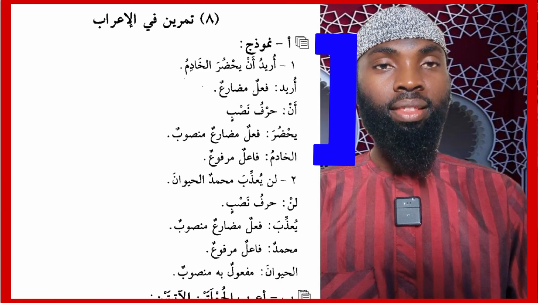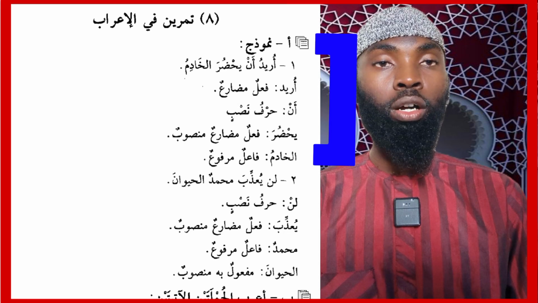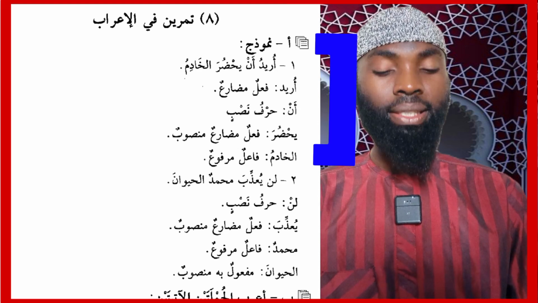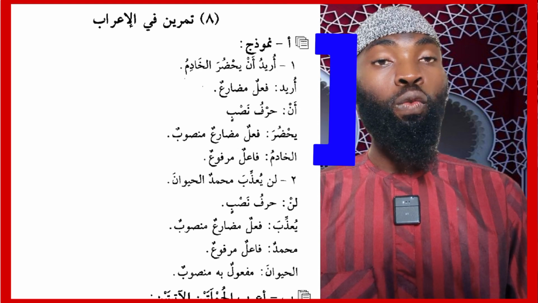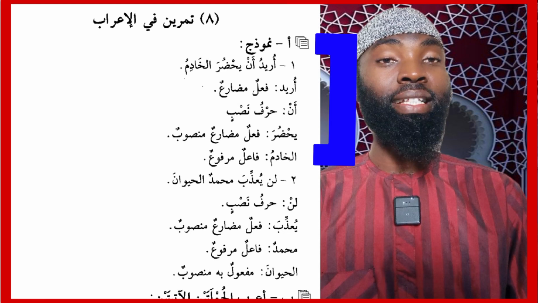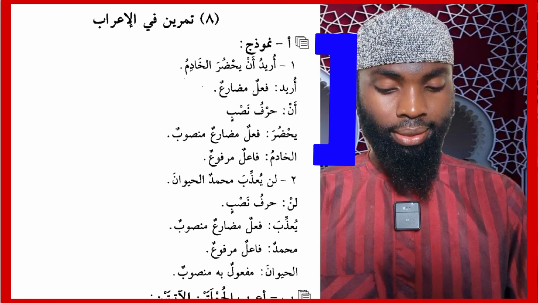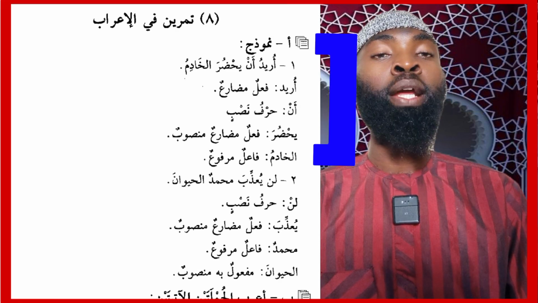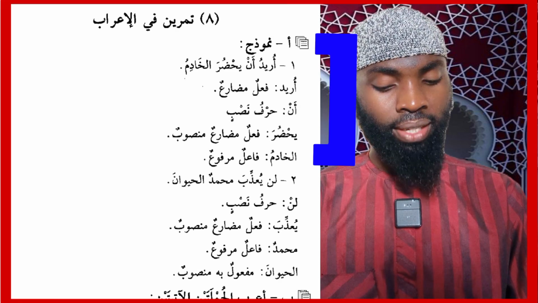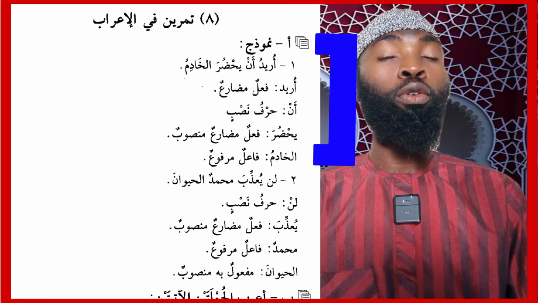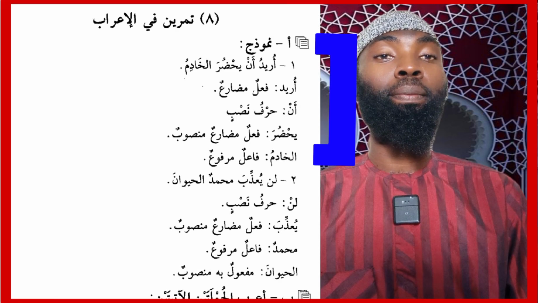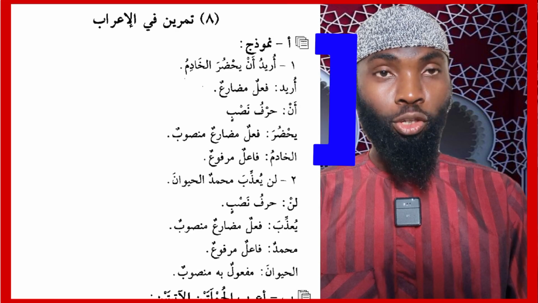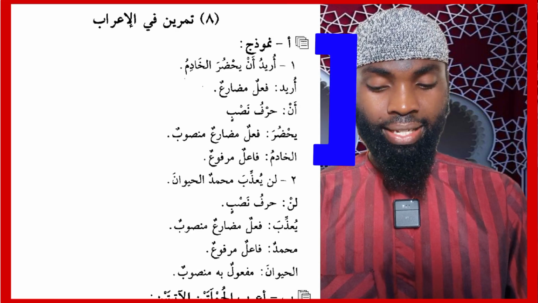I want that the servant should come or should be present. أريد is فعل مضارع, present tense verb, and أن is حرف نصب, that is a subjunctive particle. Then يحضر is فعل مضارع منصوب, a present tense verb in the subjunctive case. Then الخادم فاعل مرفوع, that is the subject in the nominative case.